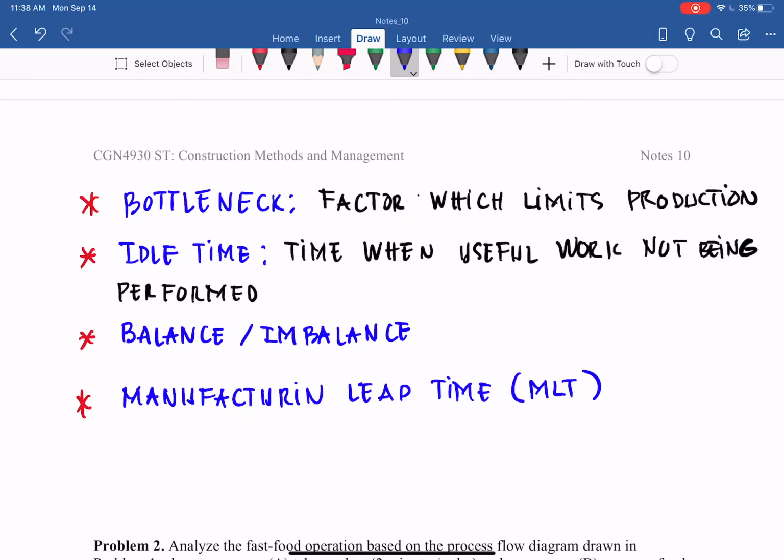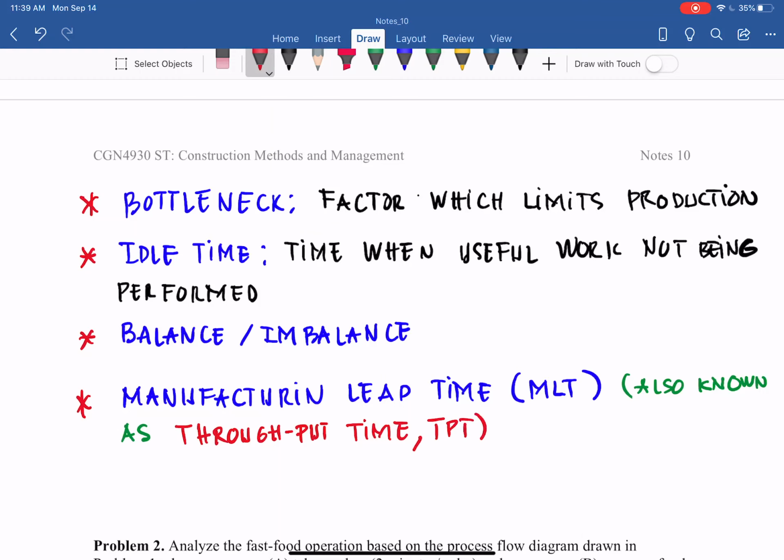It is also known as the throughput time, TPT.